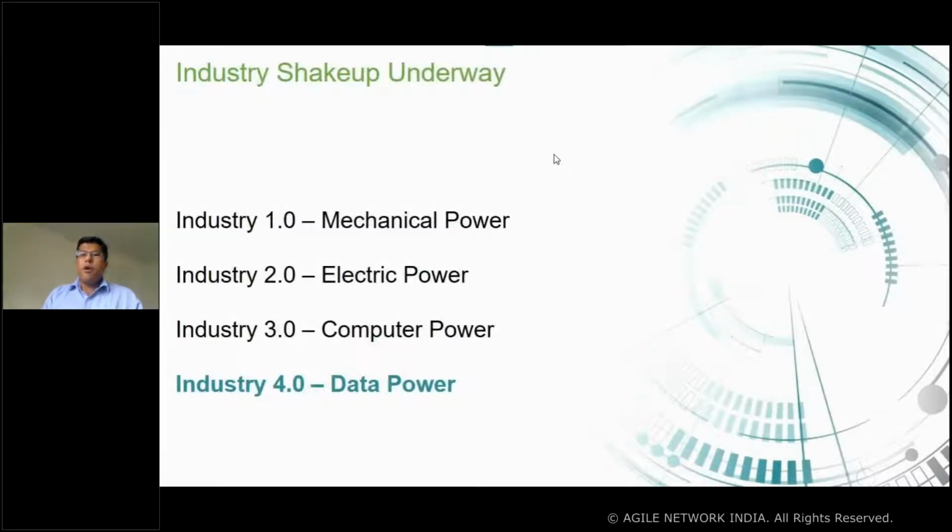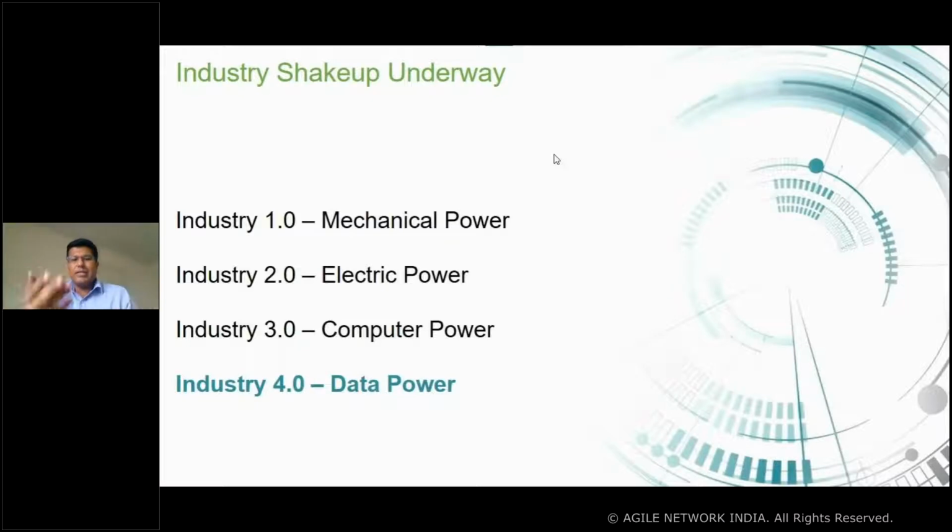Why is it important as a country? That is something I would like to bring out. See, industry 1.0, 2.0, 3.0 came because of mechanical power, electrical power, computer power. This industry 4.0 is driven by data power. During the previous industrial revolutions, India was bound in the chains of slavery.